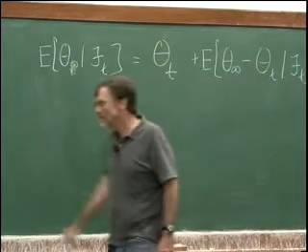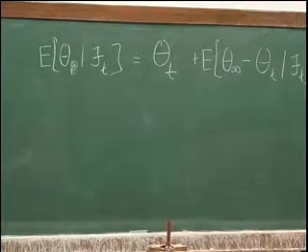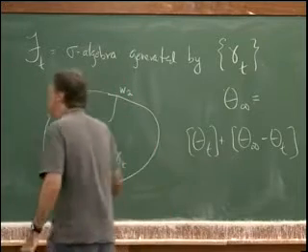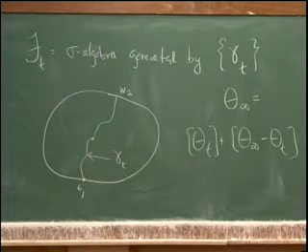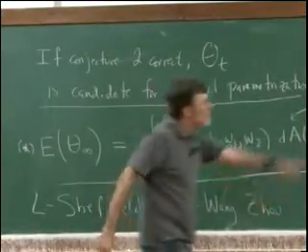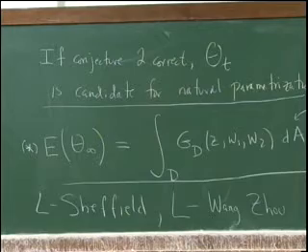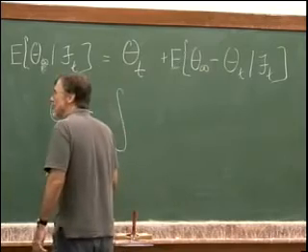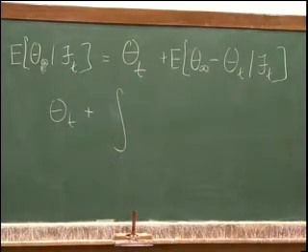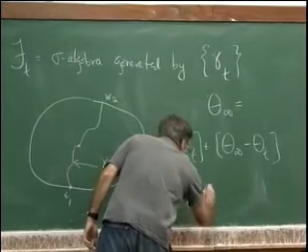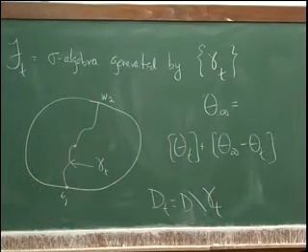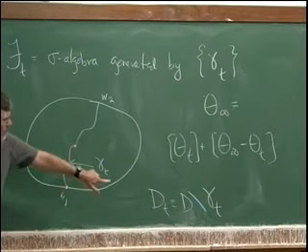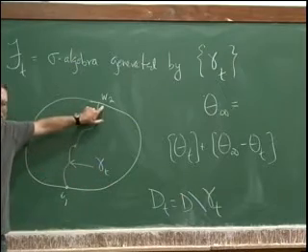And then I have, given this, how much time do I do there? But now I just use this property again to write what that later thing is. So that's theta_t plus the integral over the slit domain. So let me use D_t for D minus gamma_t. Actually, to be precise, if kappa is between 4 and 8, it's the connected component of D minus gamma_t that includes W2 on its boundary.